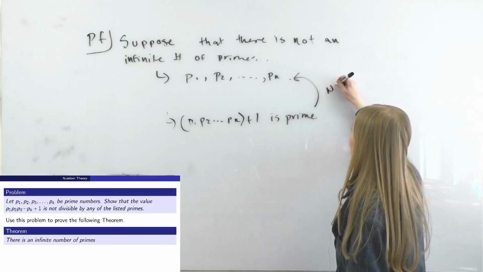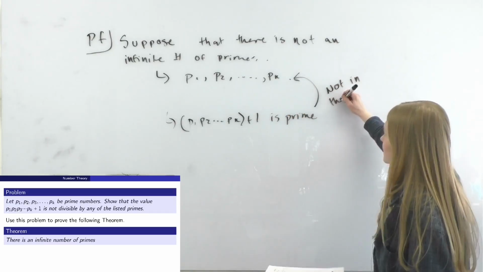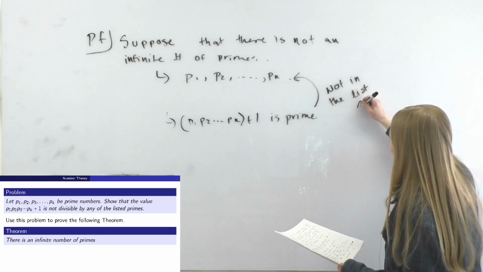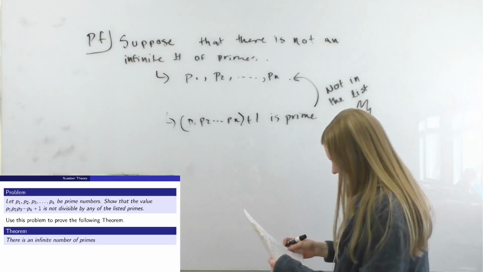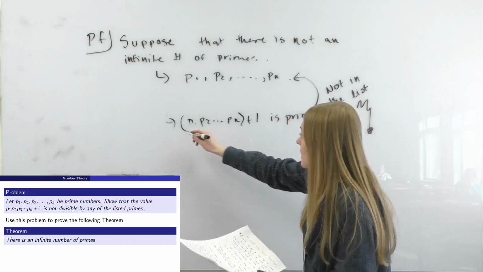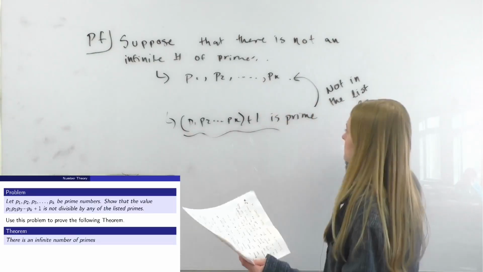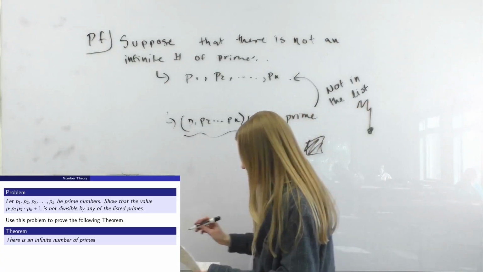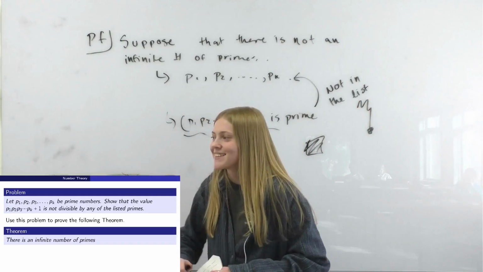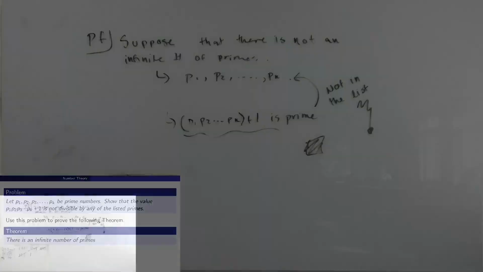No, right? It's not in the list. Contradiction. Use the fun arrow there. But it is prime, so it has to be in the list of primes, so it's a contradiction. Okay. QED. Okay. And then we go to the next slide here.